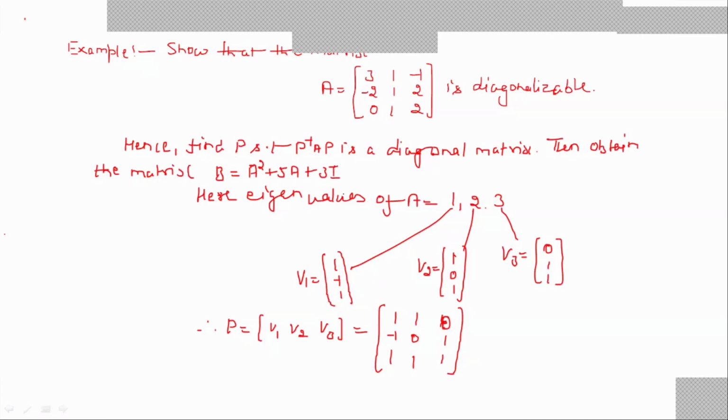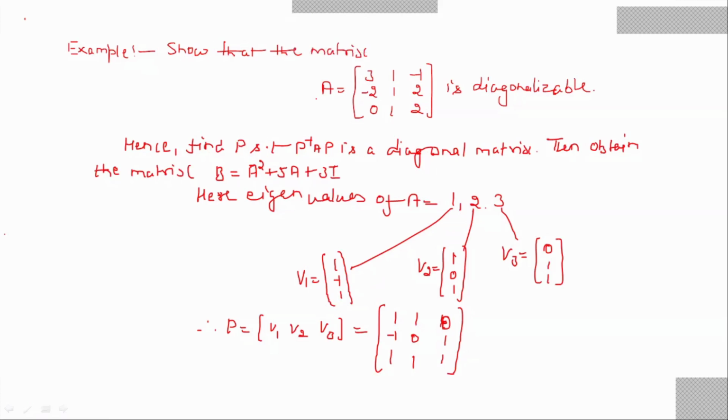So P inverse AP, if you calculate it, is equal to a D matrix, and that D matrix has 1, 2, 3 as diagonal entries and the others are 0.